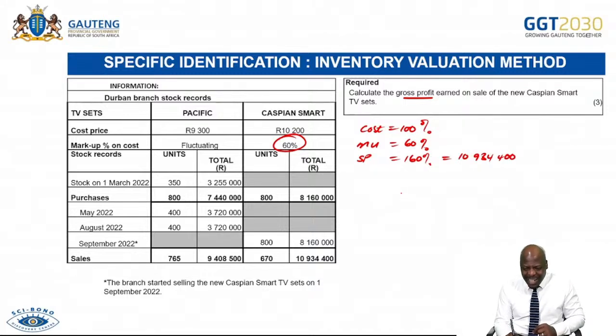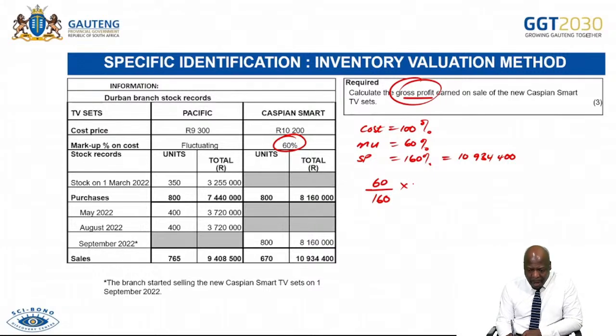So what we want is the markup, the gross profit, the markup. So we're going to say what we want is 60. And what we have is 160. Are we good? We want 60. What we have is 160. Multiply that by what we have, which is the 10,934,400.